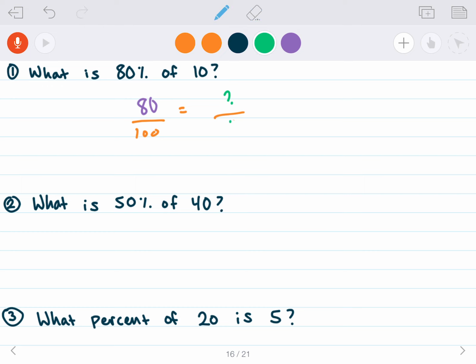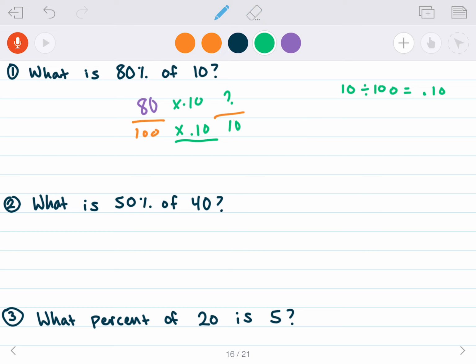All right, and so we can see on the bottom, 100 times what is 10? Well, to figure out what that is, you do 10 divided by 100, and that's going to give you 0.10. So 100 times 0.10 on top and bottom to get that missing question mark.